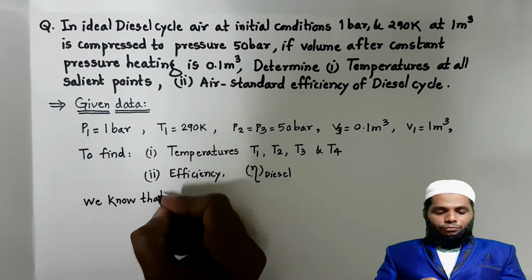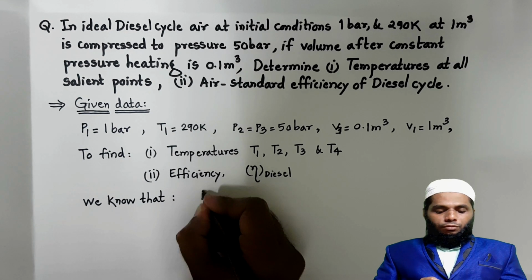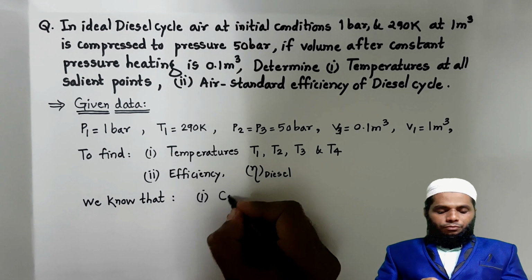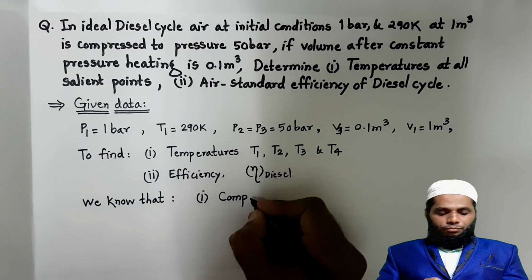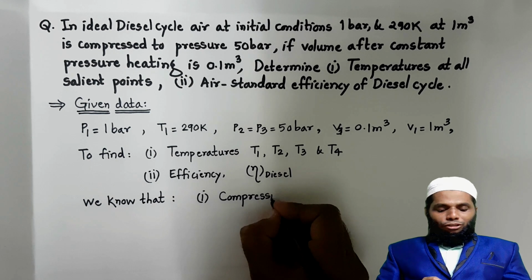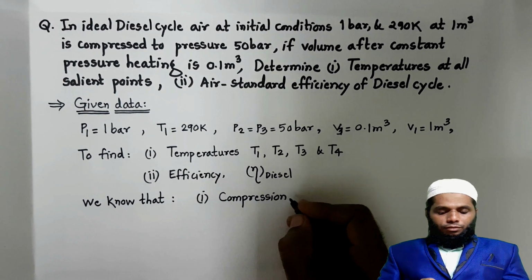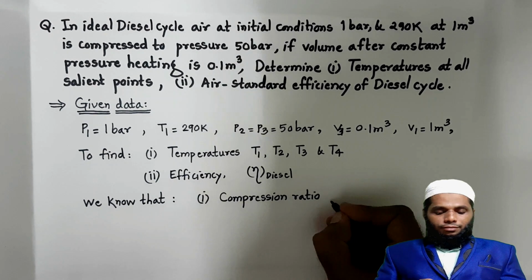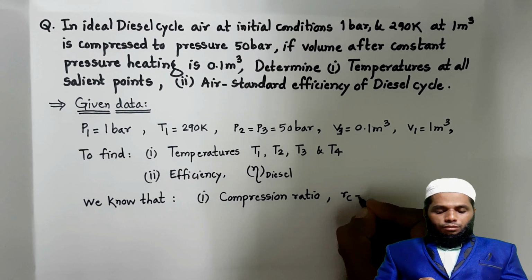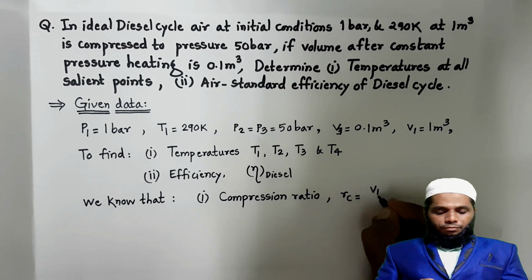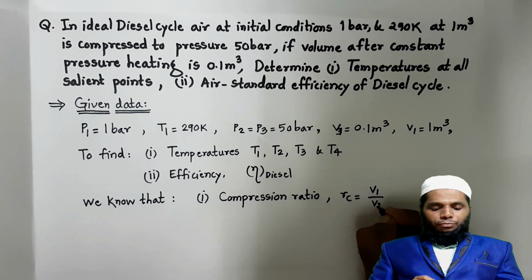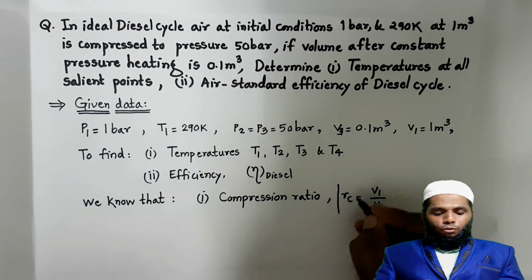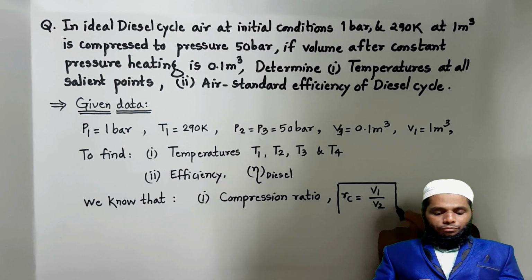So we have the ratios. First one, compression ratio, which is denoted as RC, that is equal to V1 upon V2.